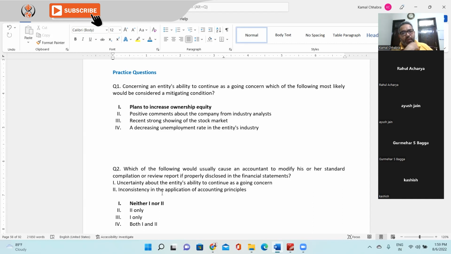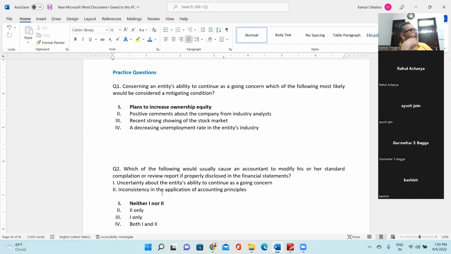Second is positive comment about the company from an industry analyst. Third is recent strong showing in the stock market. Fourth is a decreased unemployment rate in the entity's industry. So which one will be a mitigating factor that you will not go with the going concern issue?